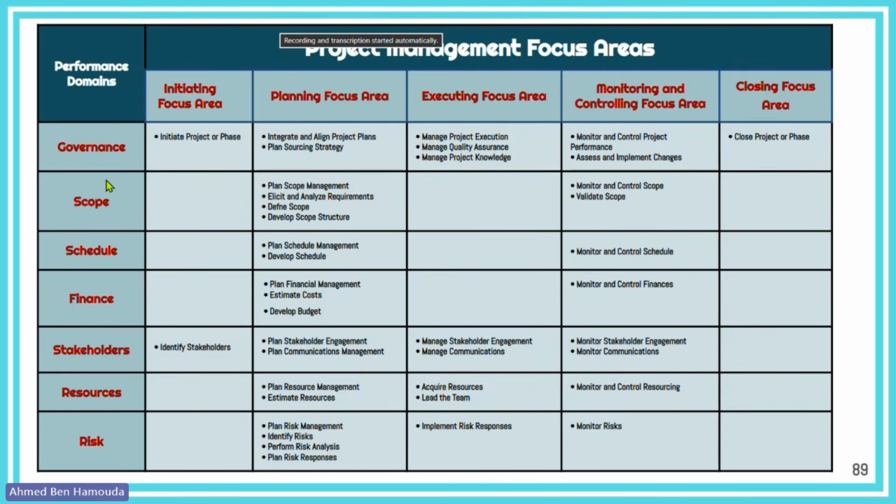Even though there is one process missing. For me, in this entire table, there is one process missing, which should be here, a third process in monitoring and controlling. There should be a third process, which is assessing value realization. It's not exactly project performance.